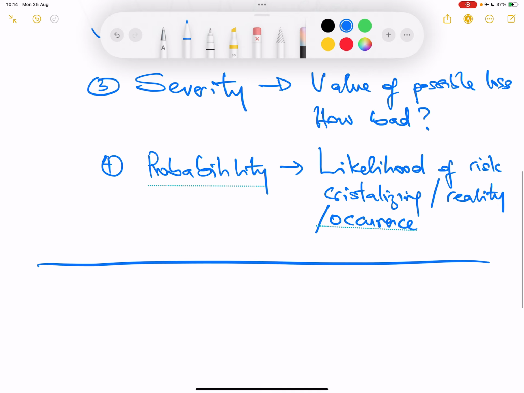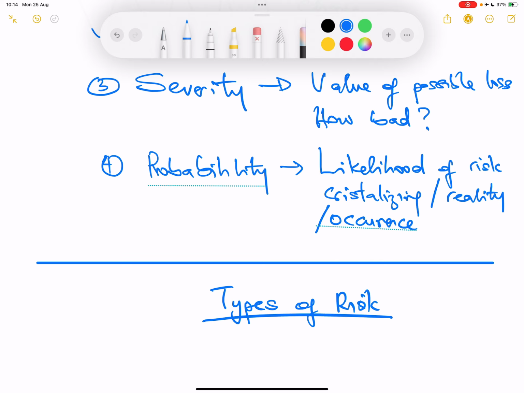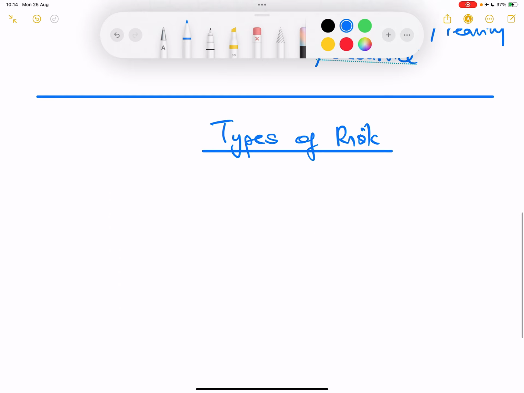So now, what is risk? I always tell you risk is just anything that can stop a company from achieving its objective. That is the meaning of risk. Whatever can stop you from achieving your objective is the risk we're talking about. And quickly, I'll go through the types of risk that you need to be conversant with.